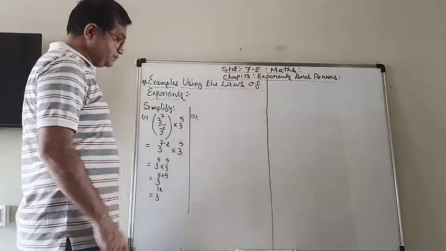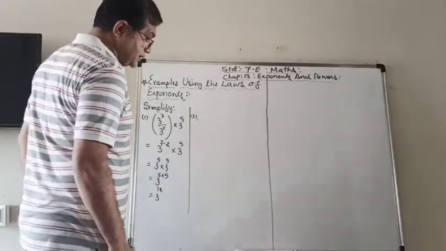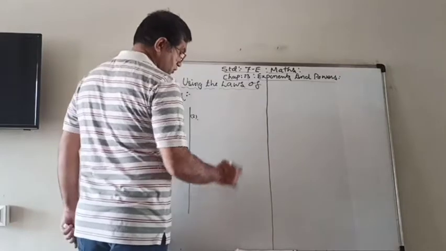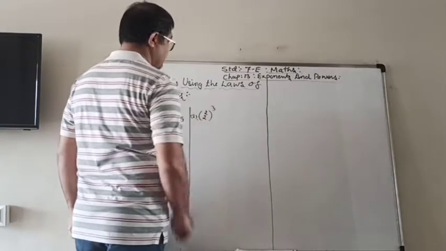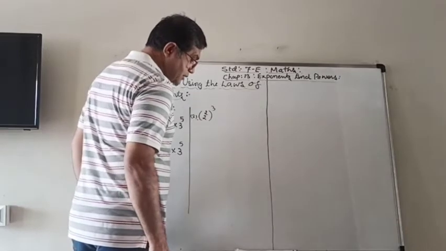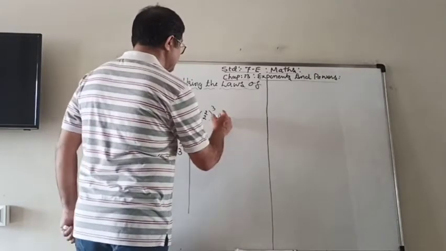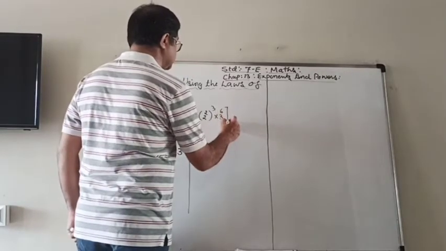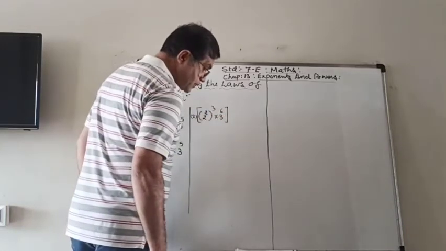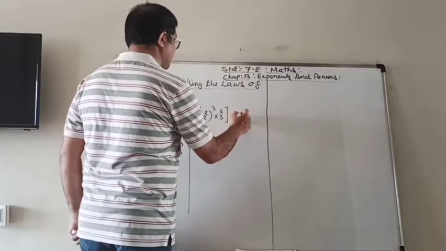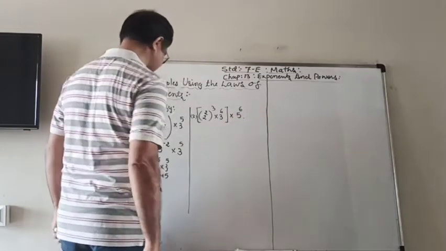Let's take another one. 2 raised to 2, power 3, multiplied by 3 raised to 6 and multiplied by 5 raised to 6.